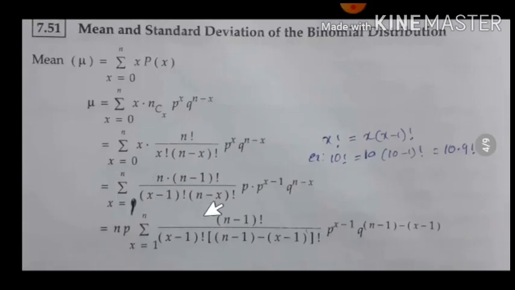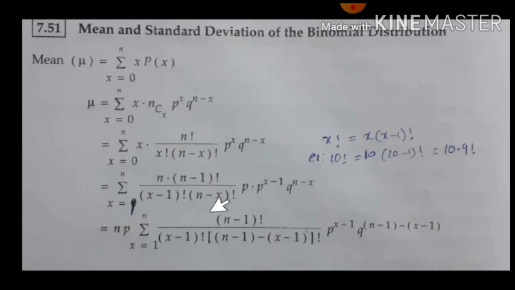This summation part is nothing but n minus 1 C x minus 1. How will it be? Observe that nCx can be written as n factorial over x factorial into n minus x factorial. Now from this step I can write it down as nCx, yes or no?